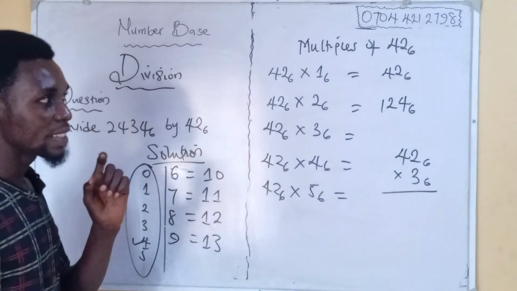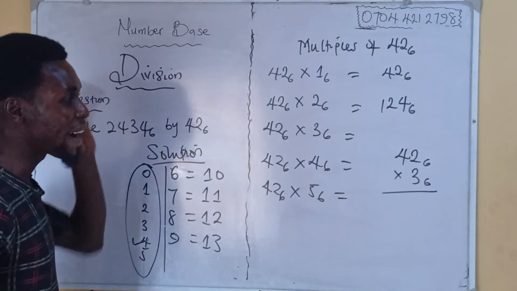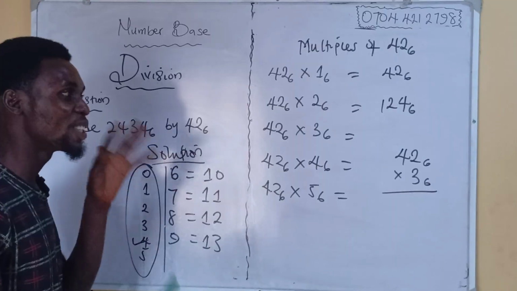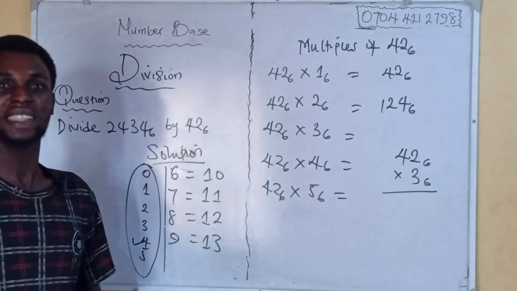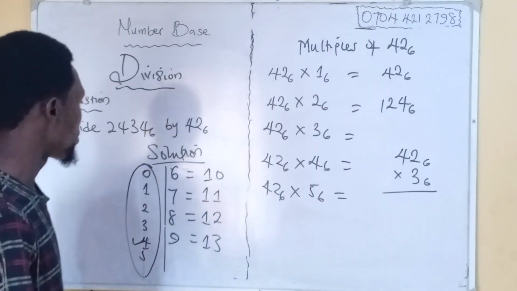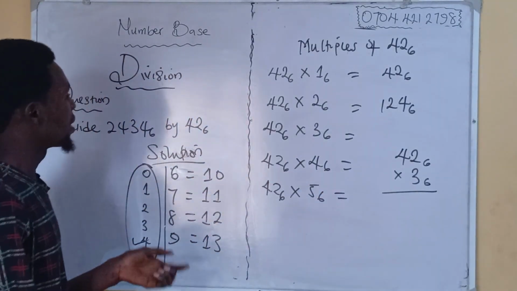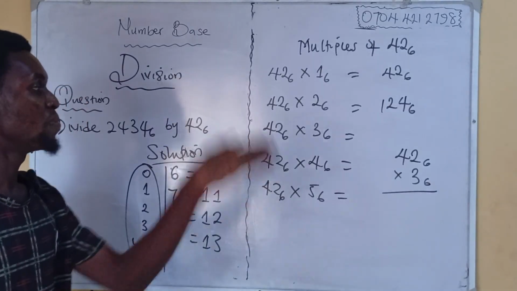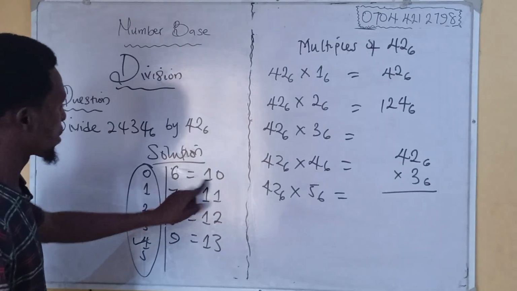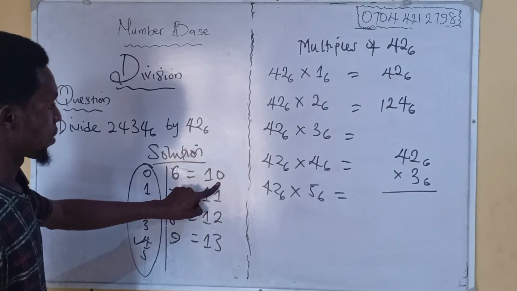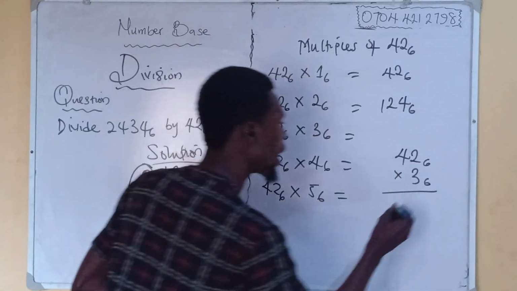Remember, the 6 you are getting is not in base 6, so it's in our normal counting. Our normal counting is in base what? Base 10. So you have to find the equivalent of 6. And that 6 does not exist as a digit in base 6. It exists in this form, 10. So you write down 0 and carry 1.